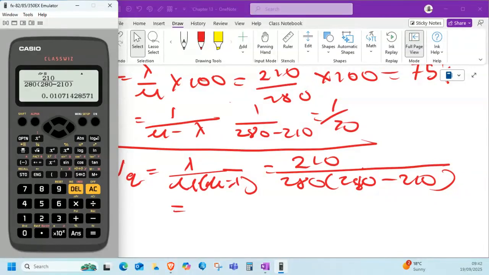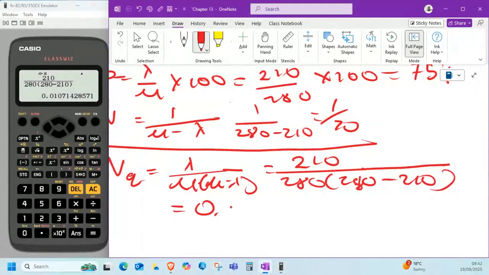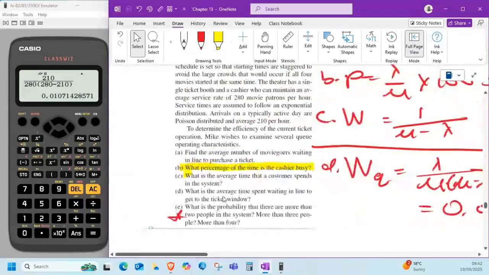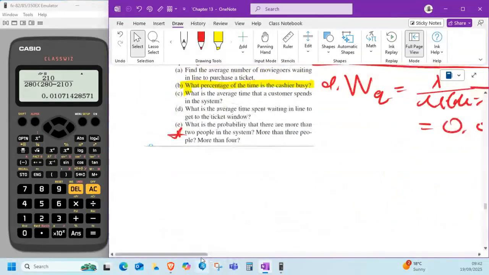You can write it in a formula. Okay, and this is our cycle. Then D now.